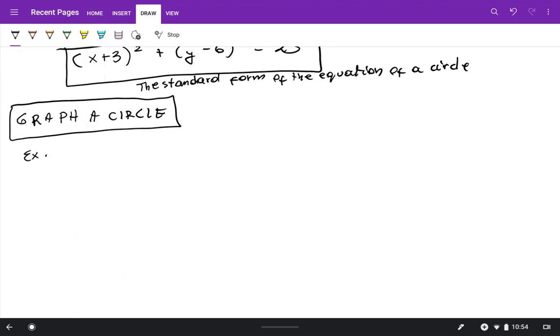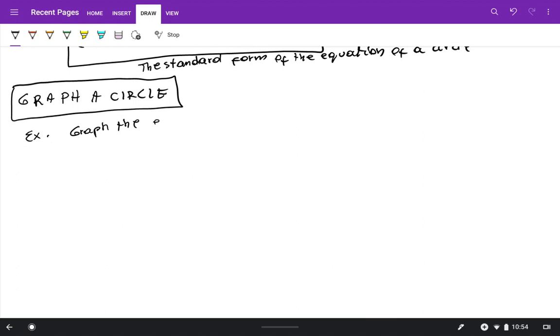Graph the equation x plus 3 squared plus y minus 2 squared equals 16.